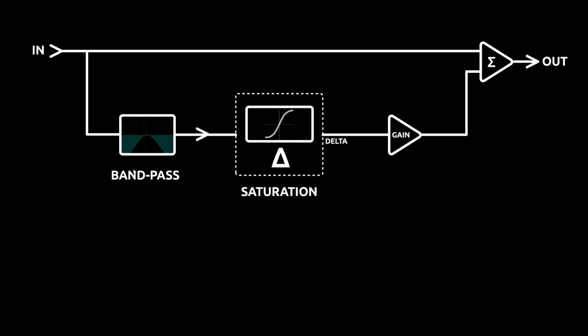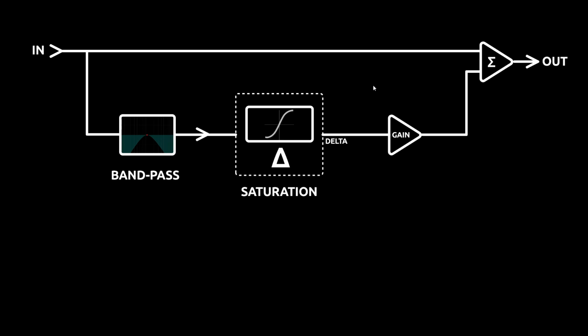This filtering is sort of cancelled out when we extract the delta from the saturator itself. There is still some phase shift going on, but that will mostly affect the added harmonics. And in my experience, that doesn't really matter. The thing I think matters the most here is that we haven't used any crossovers or filtering in the direct signal path.